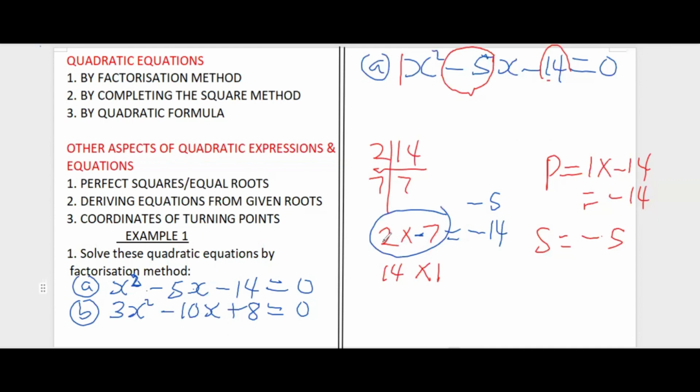Hence, these two values, 2 and negative 7, are what we use to replace this negative 5x. We now replace it as plus 2x minus 7x.